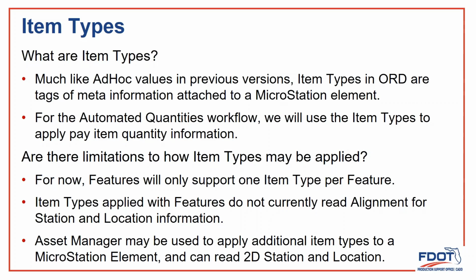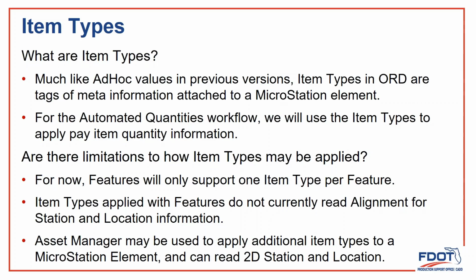We're having trouble currently getting alignment information for station and offset in the 3D model. With Asset Manager, we can apply station and offset to an item type, and I'll demonstrate that when we get further into the demonstration today.